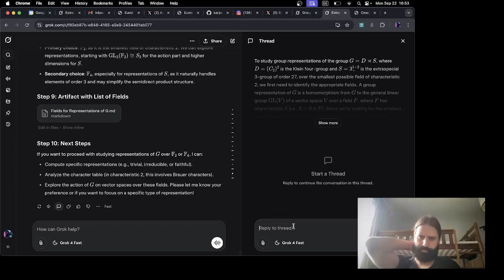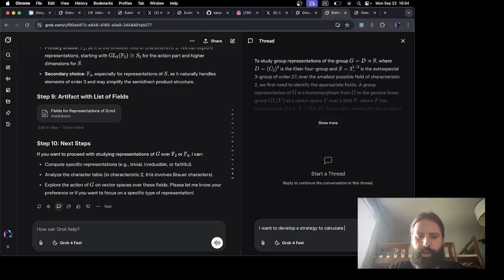I want to develop a strategy to calculate the irreps of G over a field of characteristic 2. Where should I start?